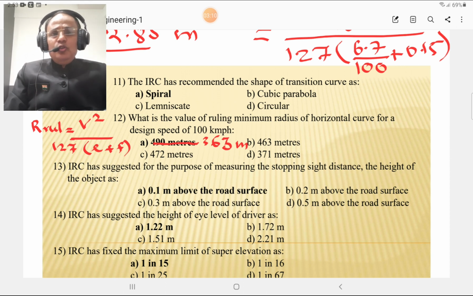You know the formula: R ruling or R minimum value of horizontal curve is V square divided by 127 into bracket E plus F. But in this problem the value of E is not given and the value of F is also not given. So the coefficient of lateral friction you may take as 0.15, and the value of E, that is maximum value of super elevation, is 6.7%.